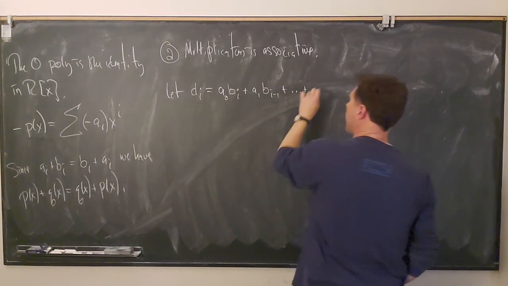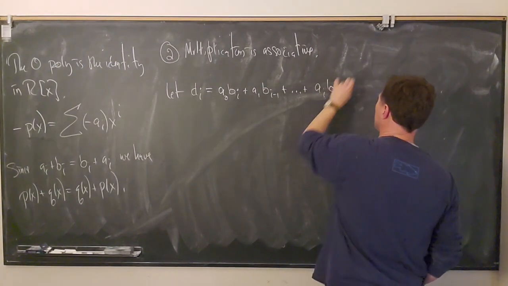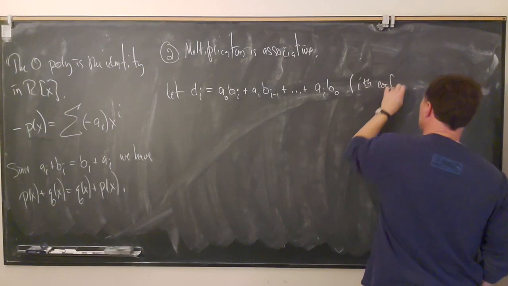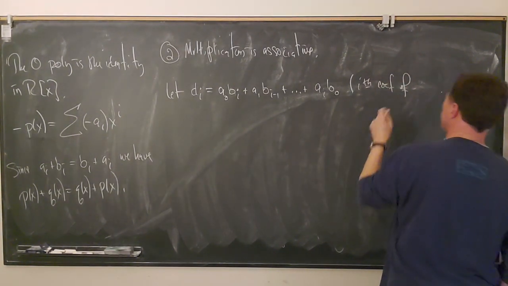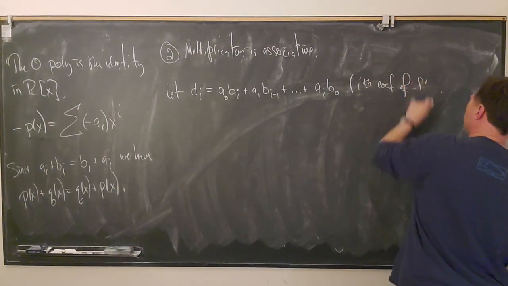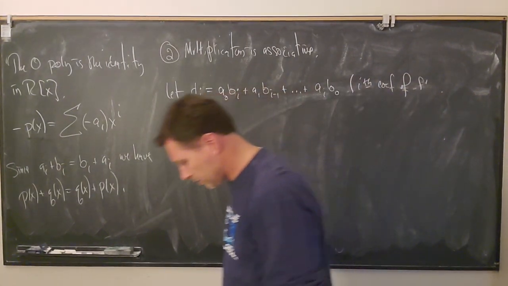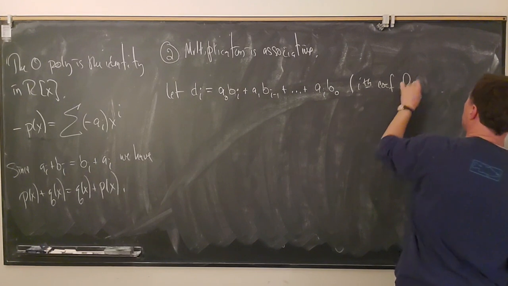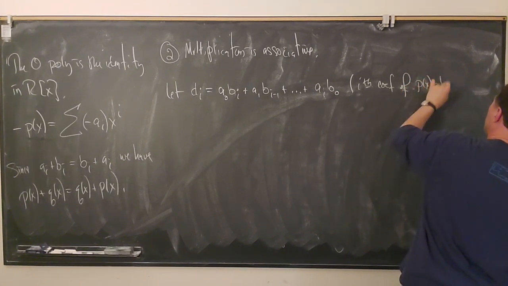Eventually we'll get to A sub I B sub 0. So this is the ith coefficient of our polynomial, P of X times Q of X.